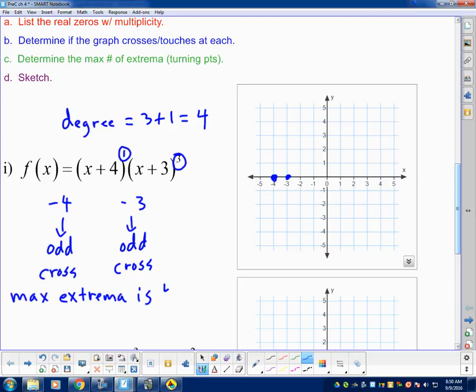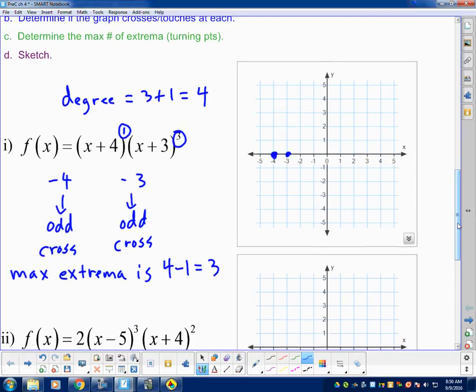Is 4 minus 1, or 3. So max number of extrema. So this is going to be a really rough sketch. We know where it crosses through. The other thing we know is it's positive, so down here it's going down over here, right? And then up over here.